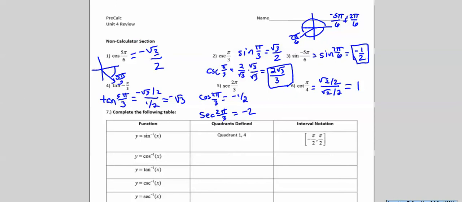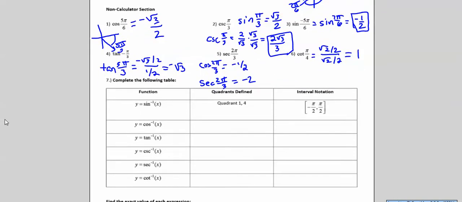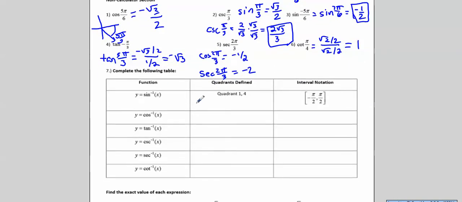Okay, down here we're starting to talk about inverse trig. Remember that with inverse trig, every input can have only one output, so we had to restrict the quadrants for each function so that we didn't get more than one output. The functions that were defined from negative pi over 2 to pi over 2 were sine and cosecant.